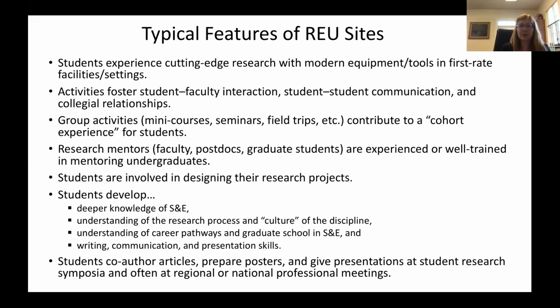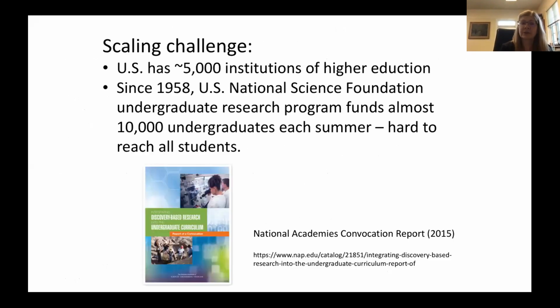And I'm not going to go through this whole list, but this is a set of characteristics of high quality experiences for undergraduate research students in a traditional apprentice style model, and they participate in the full spectrum of research.